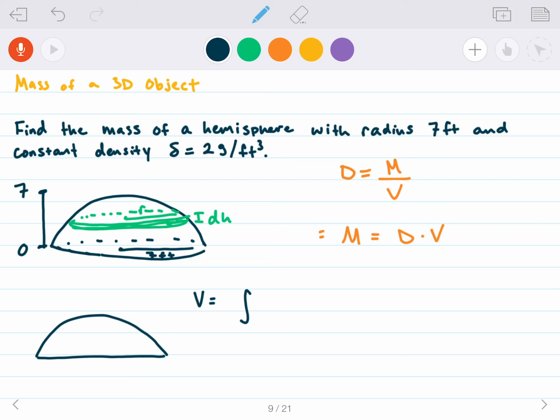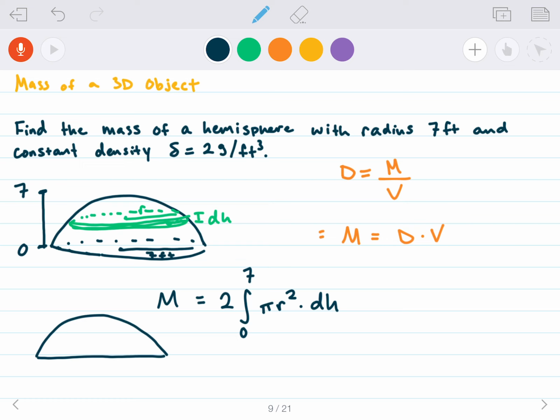And then we have pi r squared times dH. So that was the volume. And then, of course, we have to multiply by density to figure out what the mass is. The density is constant, so that can come out in the front. So this is the mass.